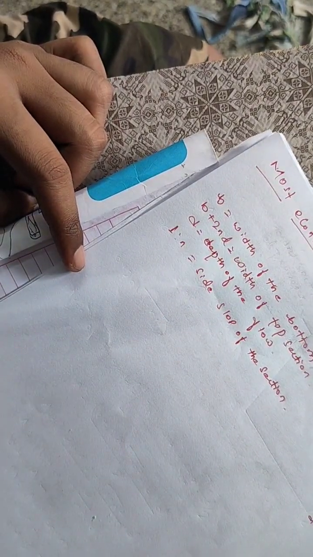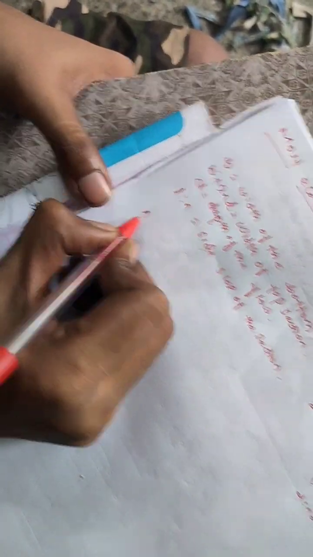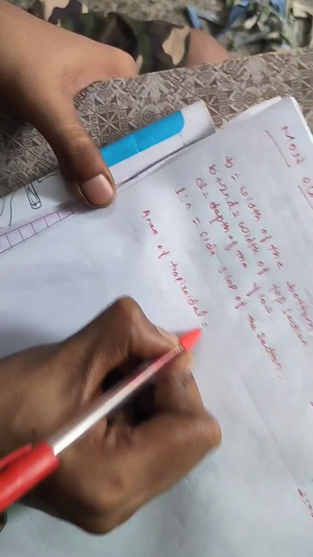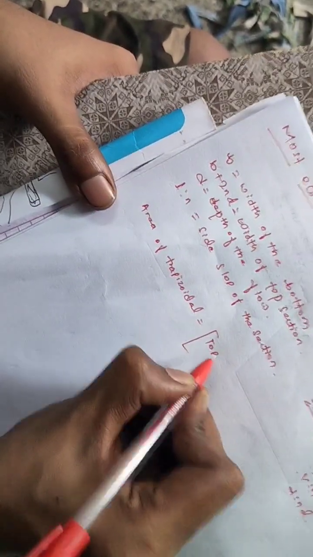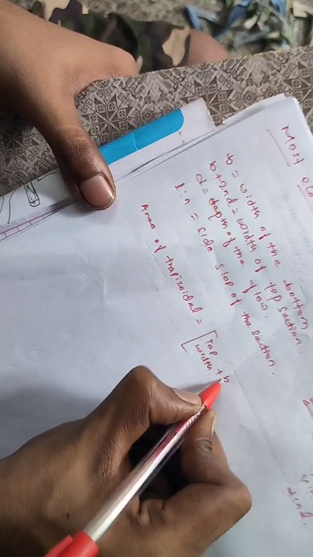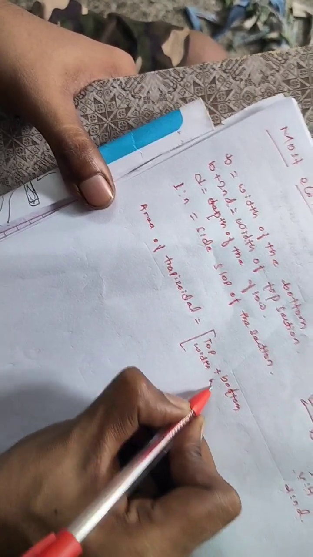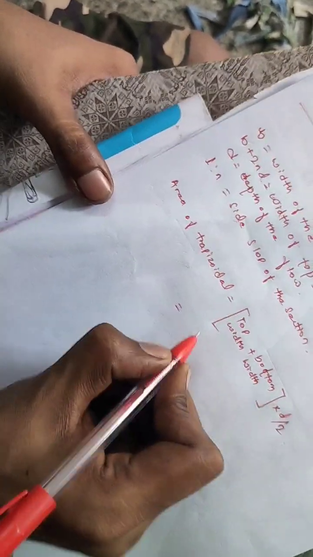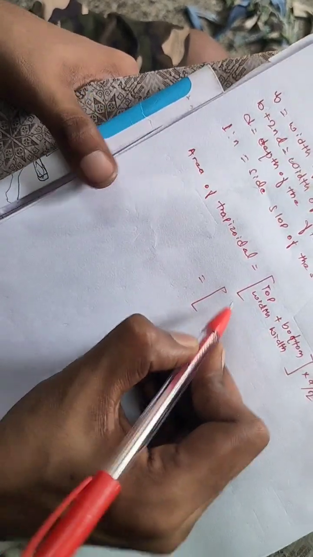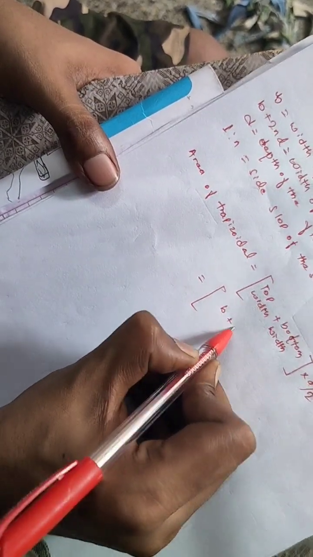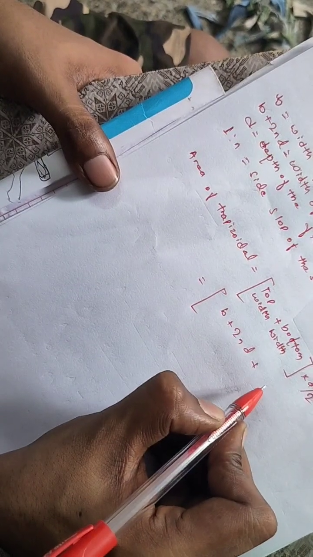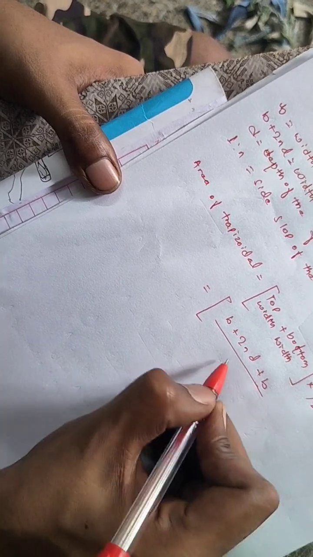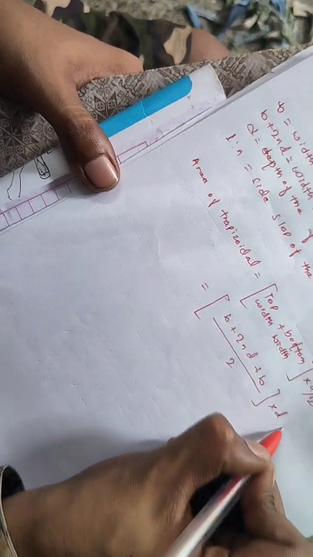Now area of trapezoidal will be equal to top width plus bottom width into d by 2. Top width, we know the value of the top width is b plus 2nd. Also the bottom width is b, and if you take 2 common here, this will be equal to d.